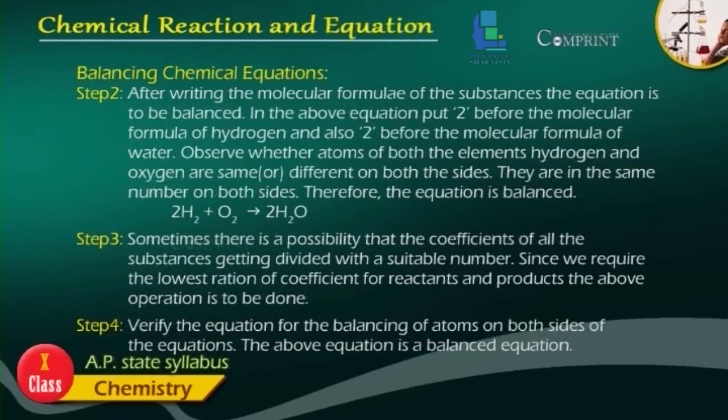Step 3. Sometimes there is a possibility that the coefficients of all substances can be divided by a suitable number. Since we require the lowest ratio of coefficients for reactants and products, the above operation is to be done. Step 4. Verify the equation for the balancing of atoms on both sides of the equation. The above equation is a balanced equation.